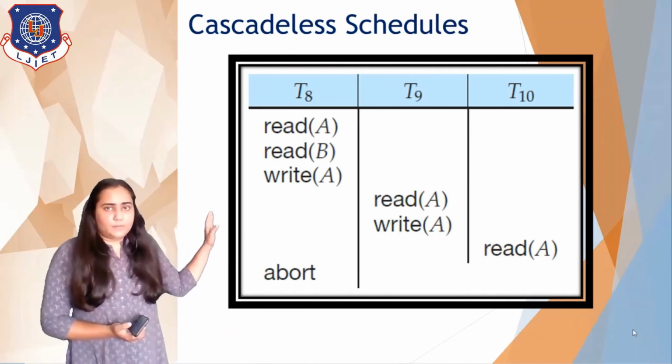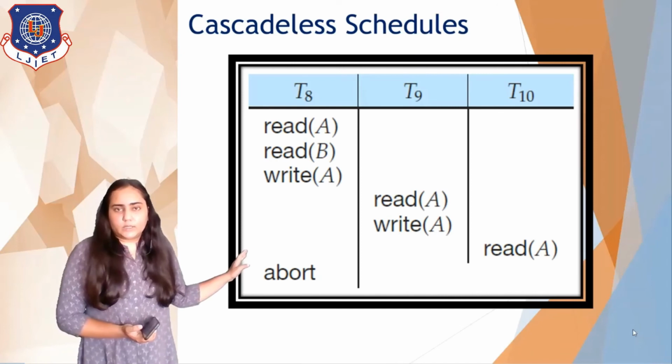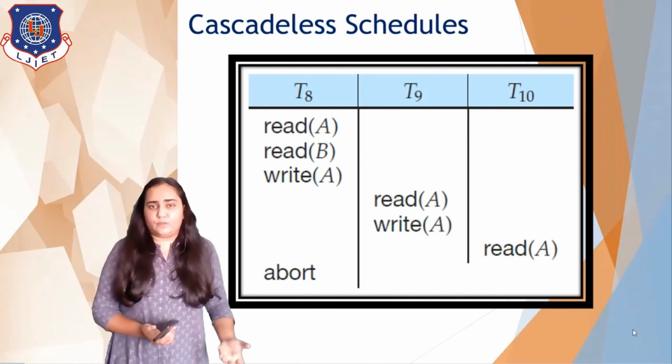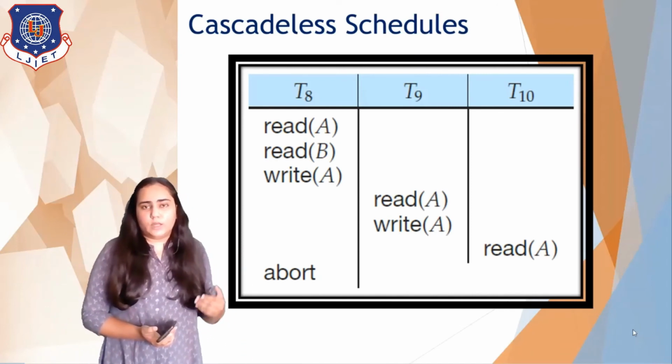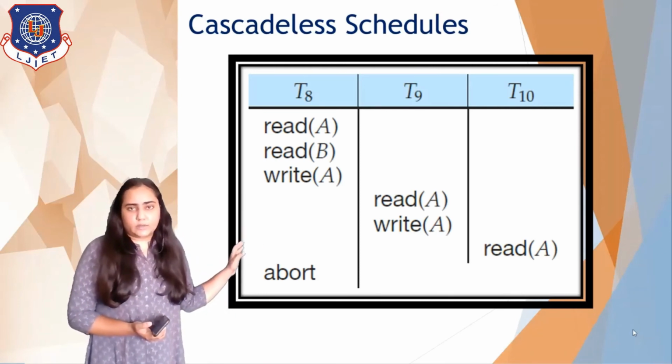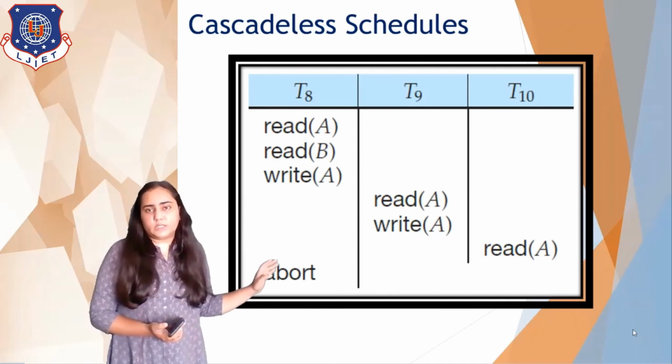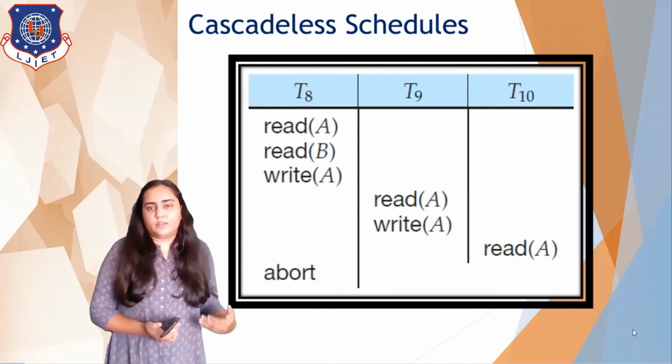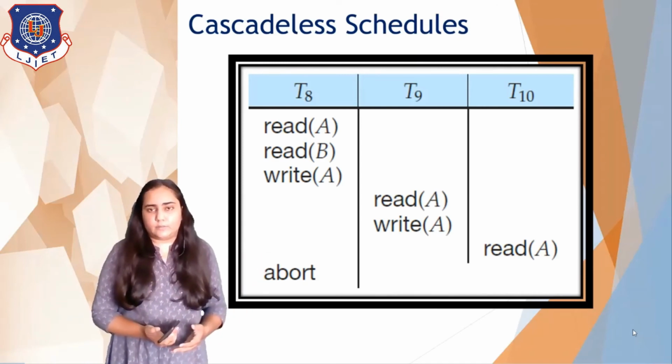And if we do that, then there's a problem with T9, because T9 also read the new value of A. And so we need to roll back T9 also. And if we roll back T9, then we also need to roll back T10, because T10 also read the value of A written by T9.